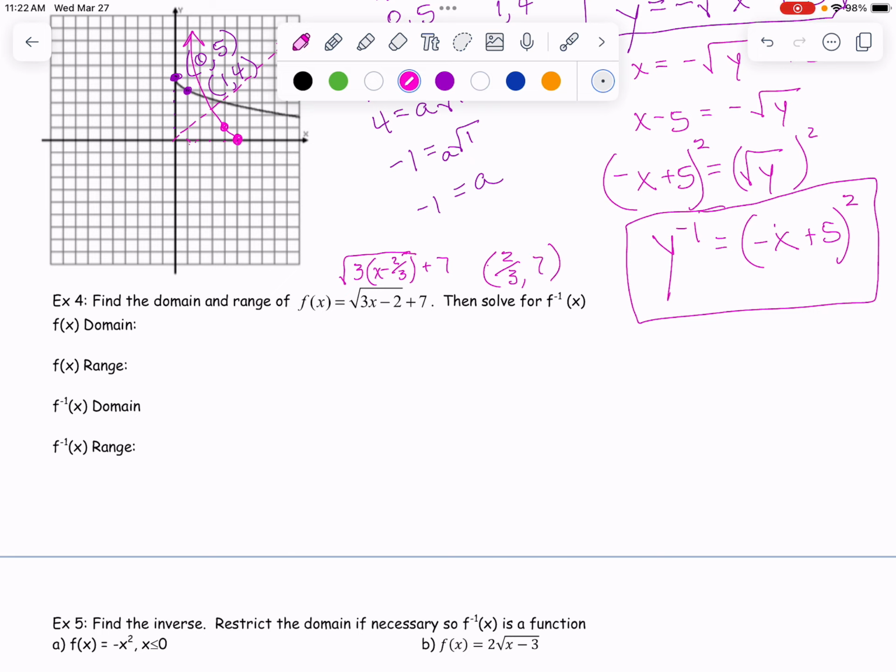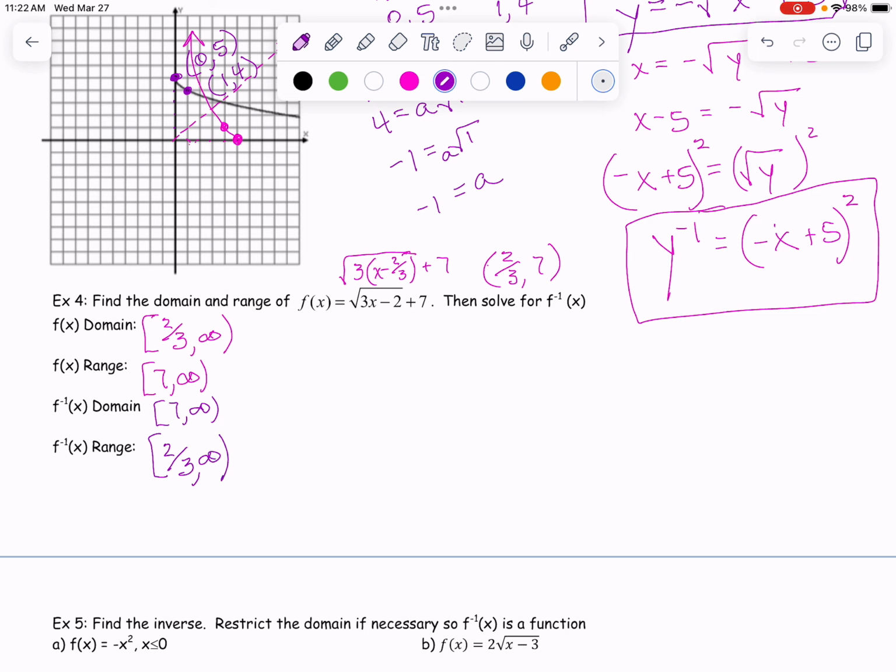The domain is going to be from 2/3 to positive infinity. My range is going to be from 7 to positive infinity. For the inverse, the domain is going to be the range of the old one, and the range would be the domain of the old one. You just flip them.